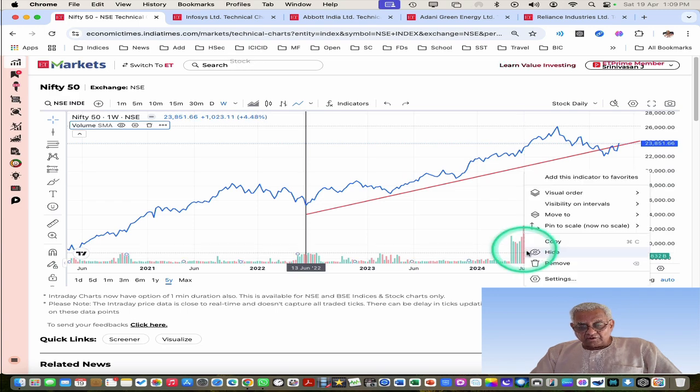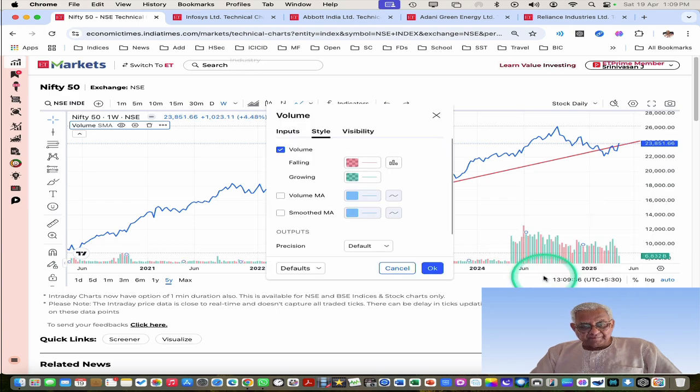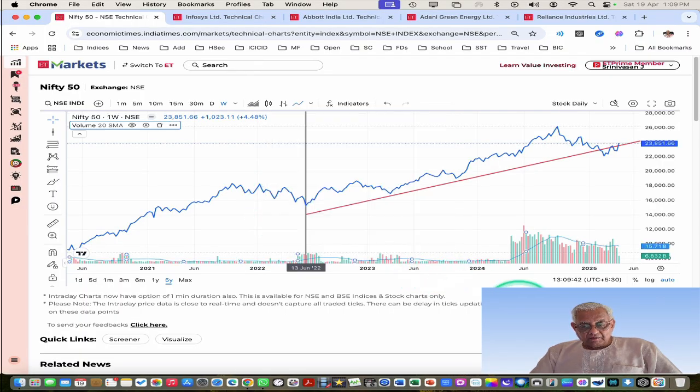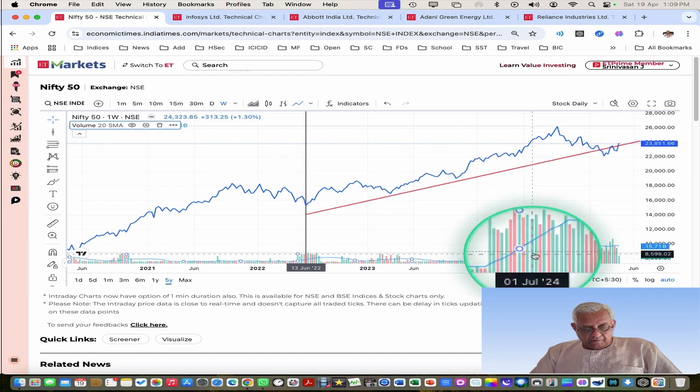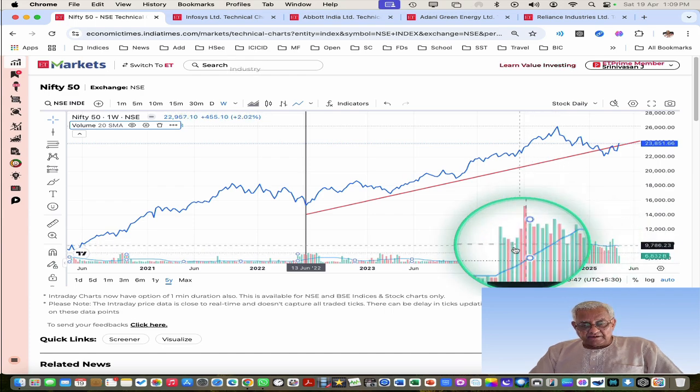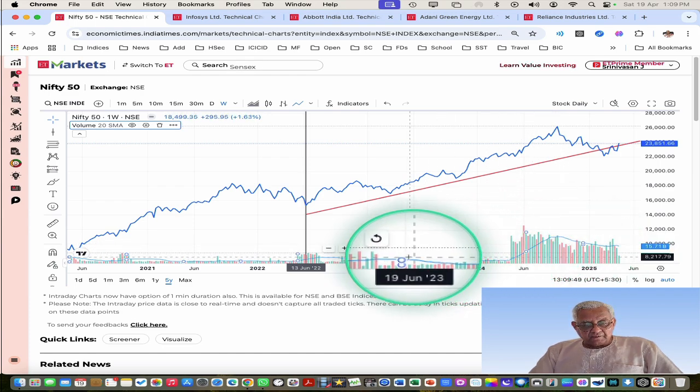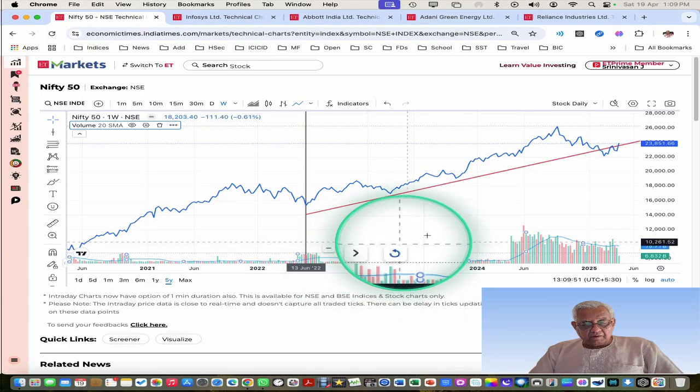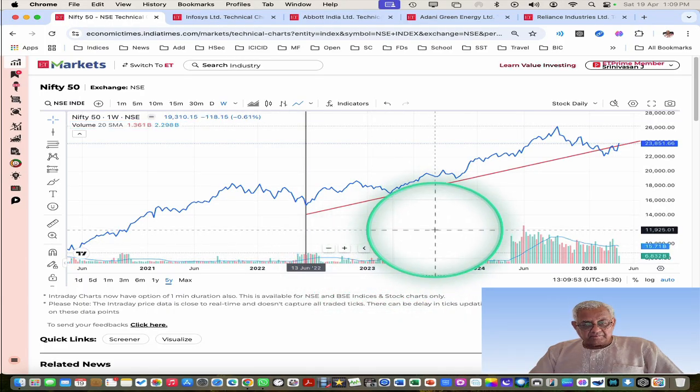Now if you right click on the volumes and go to settings, you will also find that you can get a moving average, which is this blue line in the chart.